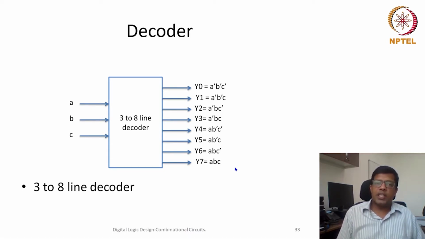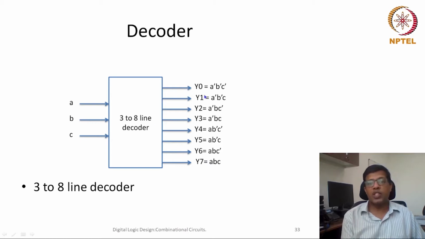So let's take an example of a 3 to 8 decoder, in which there are 3 inputs and 8 outputs, and one of the outputs has to be true. For example, if the input is 0 0 0, then y0 would be true and all others would be false. This we have anyway covered in our previous lecture also.